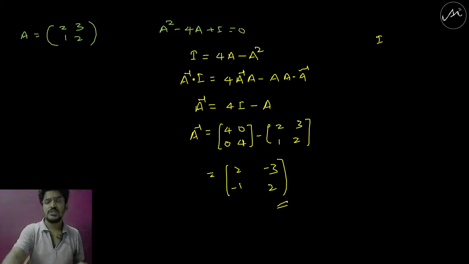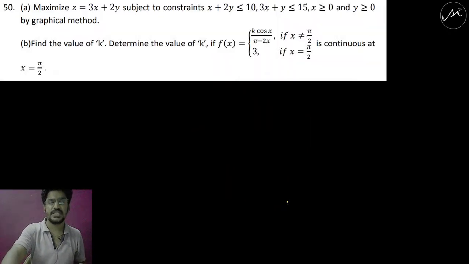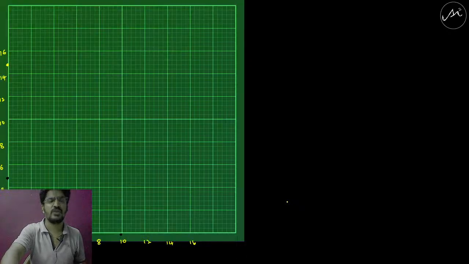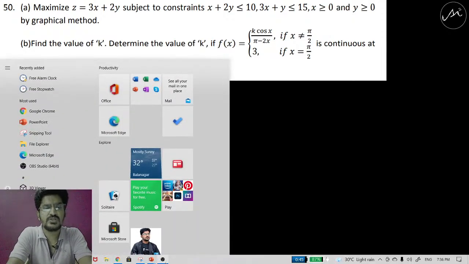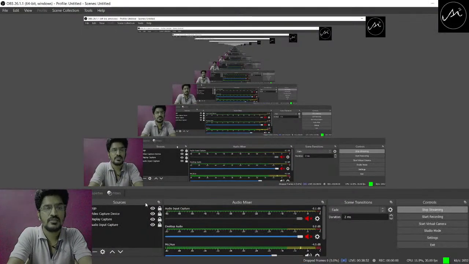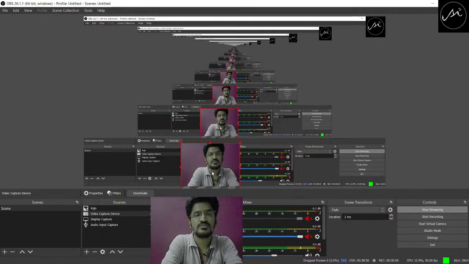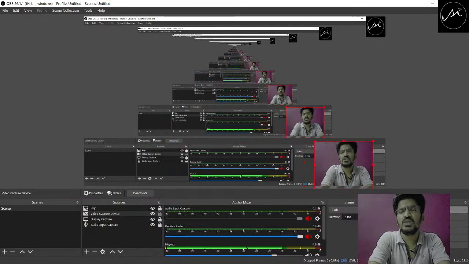Okay, so quickly give me a thumbs up if you have understood it so that we can go to question number 50. Clear? Okay. So now quickly we can go to question number 50. Give me thumbs up.